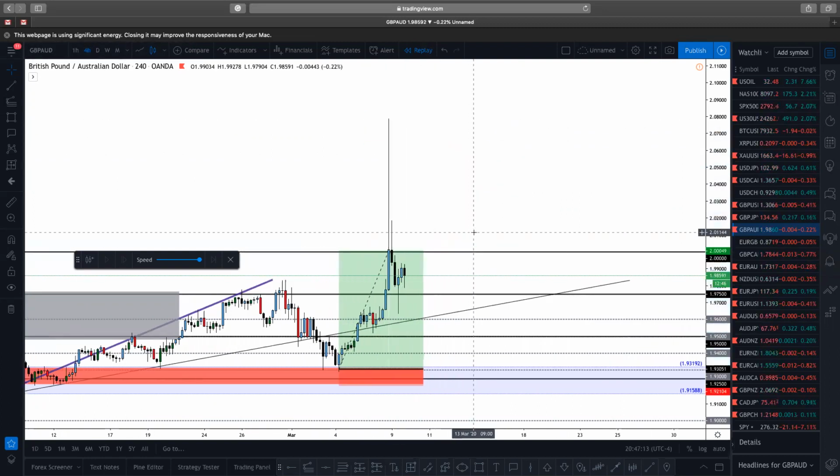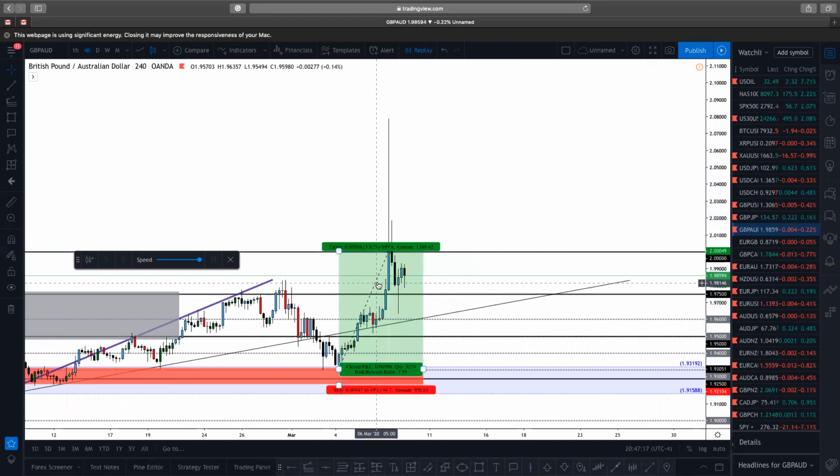Even if we don't, the market rose 700 pips, right? To the next quarterly level, the next quarterly level being $2. From that entry, the market rose 700 pips. So that's just the power of supply and demand.